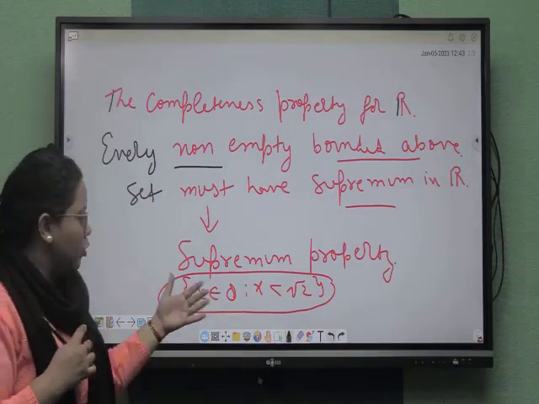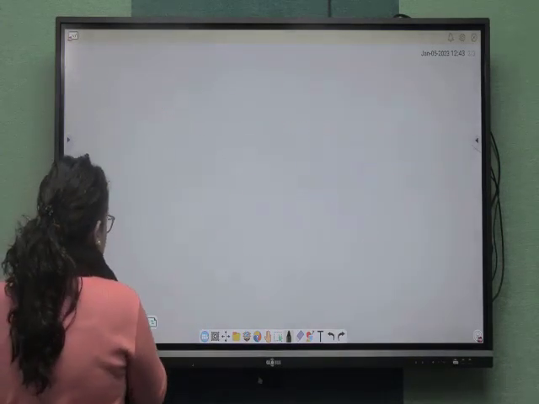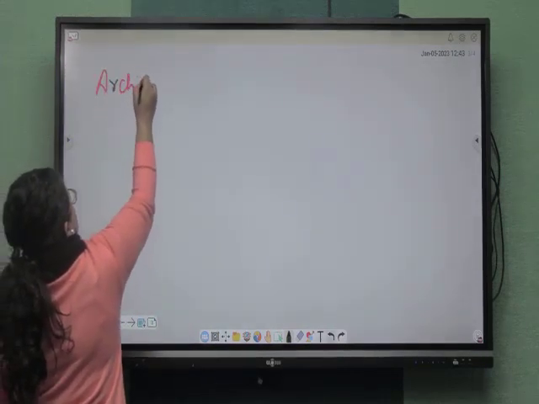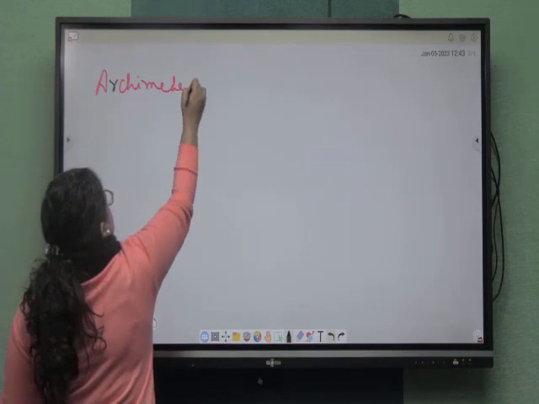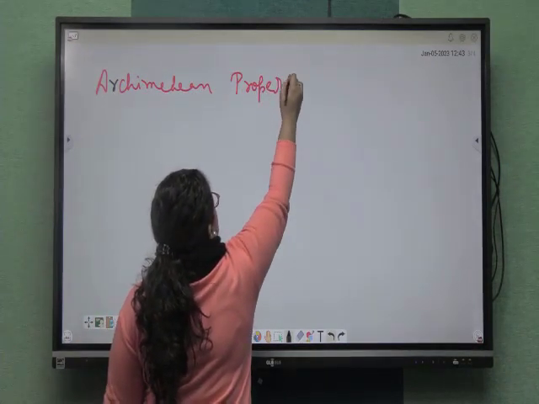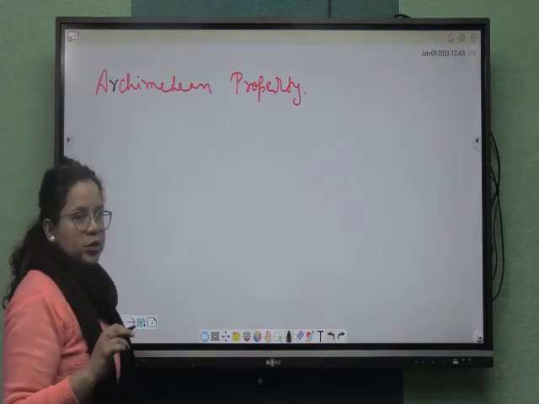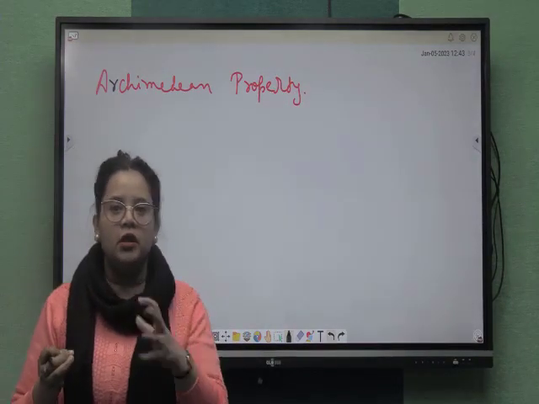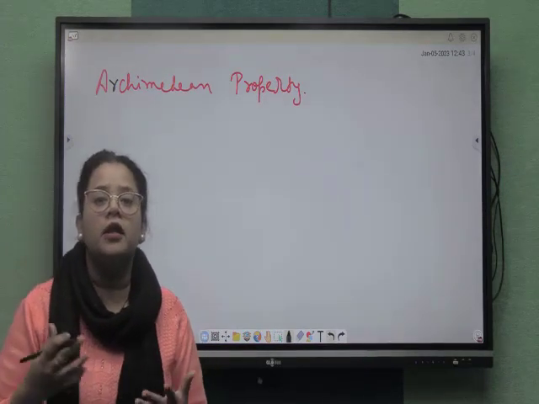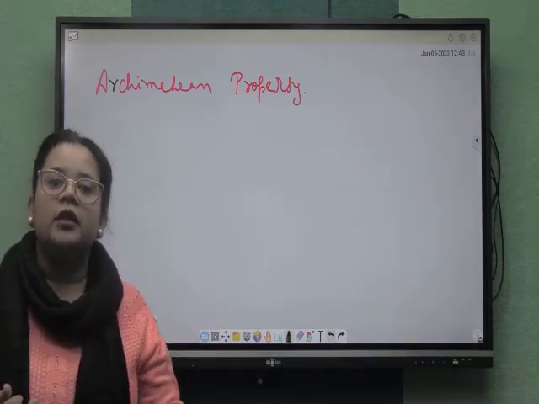Okay, so next is the Archimedean property. That property says that give me any real number, and you can always find a natural number which is greater than that real number.